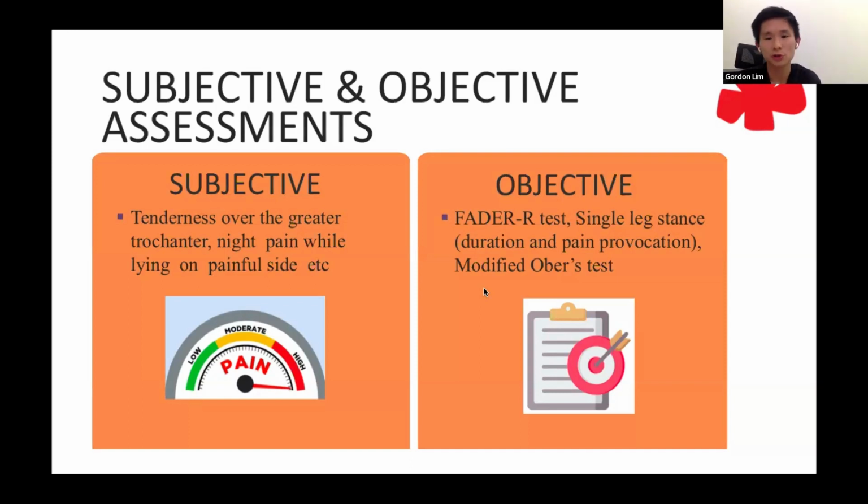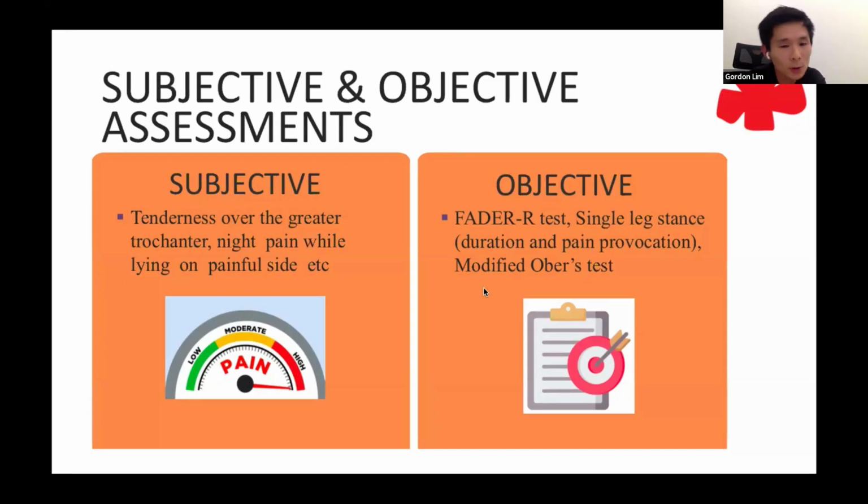Objectively, apart from strength, range, as well as tenderness and palpation, we can also perform the following tests for gluteal tendinopathy. First, we can perform the FADER test, where we will be bringing the patient into a flexion, adducted, and external rotation position. Thereafter, we will apply resistance and get the patient to perform an internal rotation movement of the hip against our resistance.